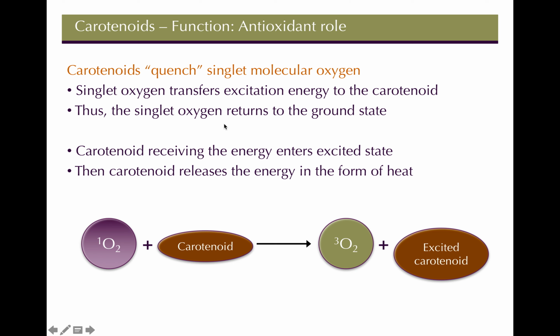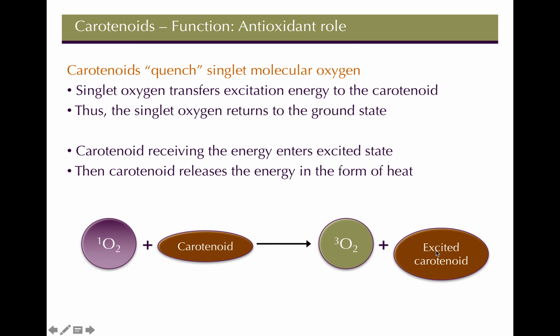So specifically, what happens is you have this excited molecule of oxygen, singlet molecular oxygen, and then it interacts with the carotenoid. That excitation energy is transferred to the carotenoid, and then that helps the oxygen return into its ground state. And then the carotenoid that received that energy just dissipates that energy in the form of heat.